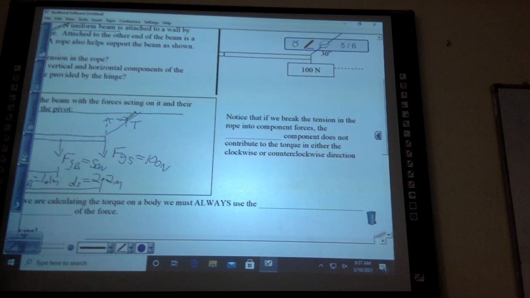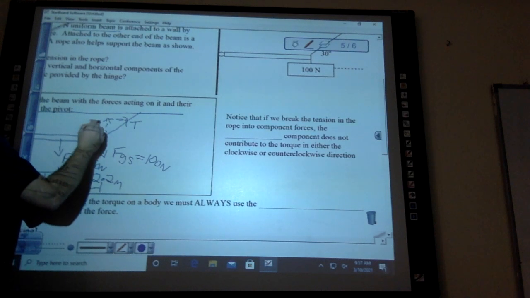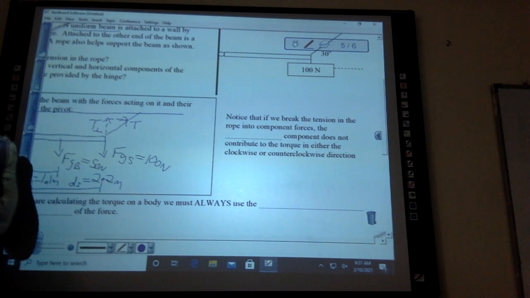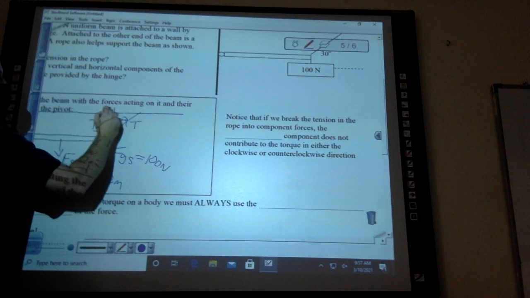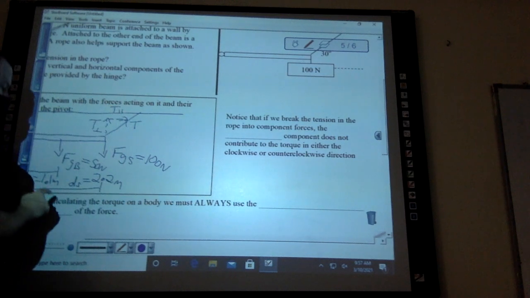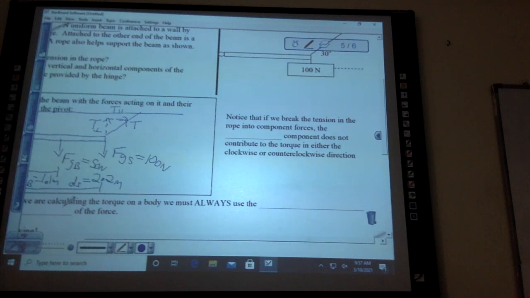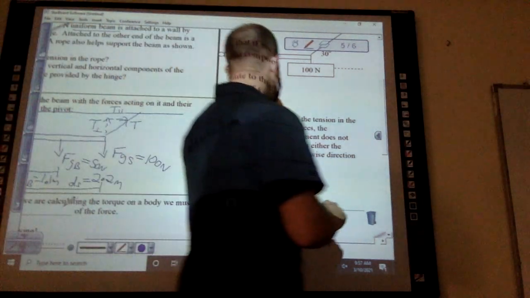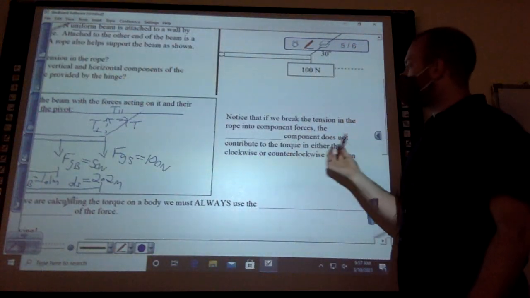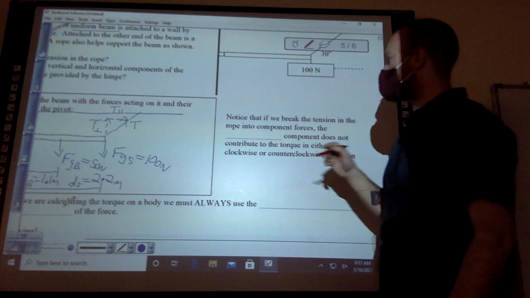Because we want to know parallel and perpendicular, not just x and y, this is going to be T perpendicular, and up here this one's going to be T parallel. So yes, we are again going to use parallel and perpendicular instead of x and y. If you remember back from inclines, you need to remember this. The parallel component is not going to contribute to the torque.